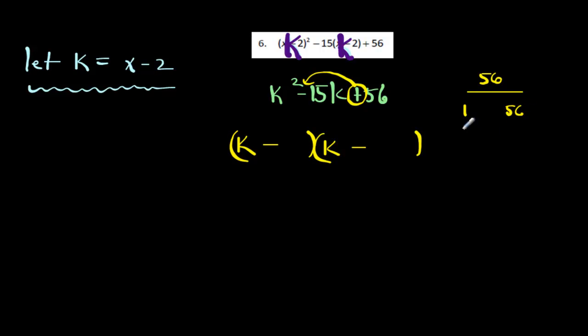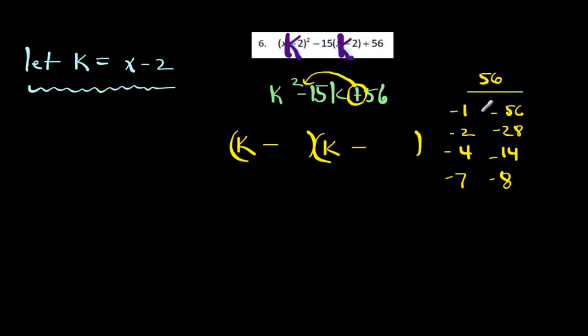So 1 and 56, 2 and 28, 3 doesn't go in, 4 does. 6 does not, sorry. 7 would be the last one. 7 and 8. So again, they're all negative.